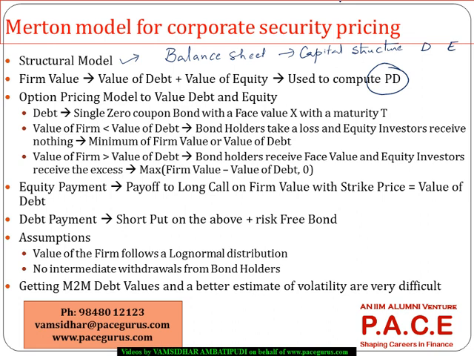Based on the understanding of the value of debt and the value of equity of the firm, which combined together form the value of the firm, they are used to compute the probability of default, because default is more associated with the inability to pay the interest and principal on debt.